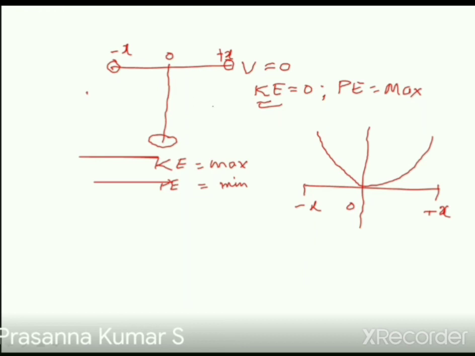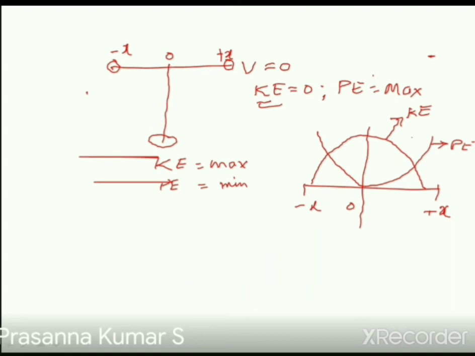So kinetic energy is maximum at x equal to 0. We'll get another curve. This is for kinetic energy. This is for potential energy.